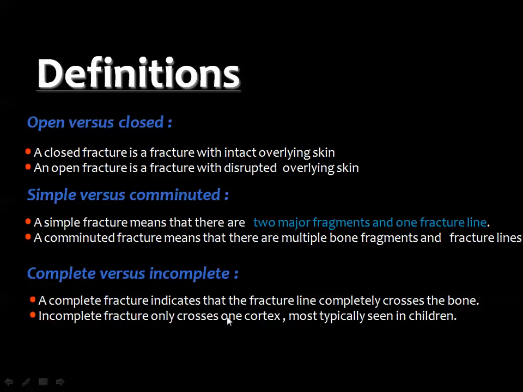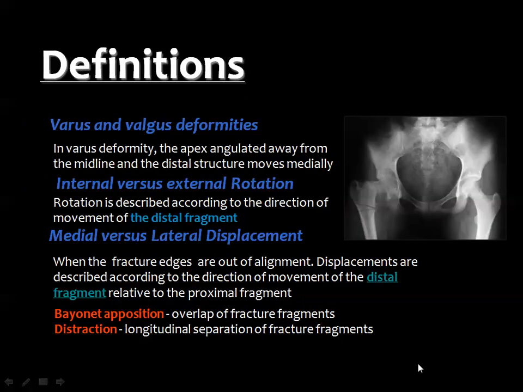The complete fracture indicates the fracture line completely crosses the entire bone, while the incomplete fracture, which is commonly known as the green stick fracture, it involves only one cortex of the bone while the opposite cortex remains intact.